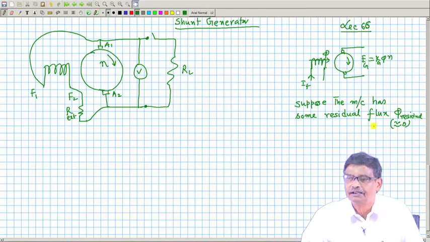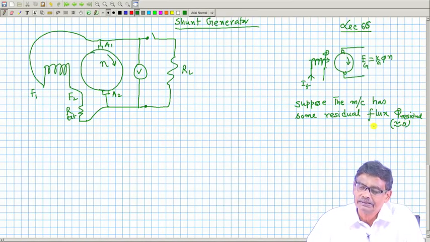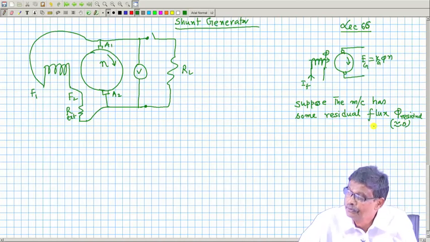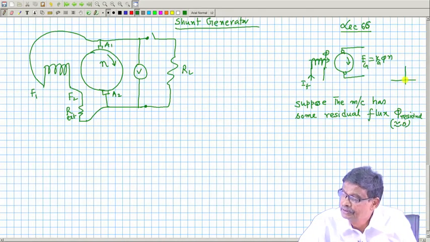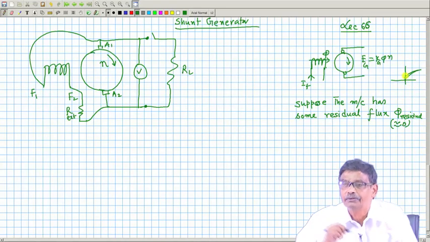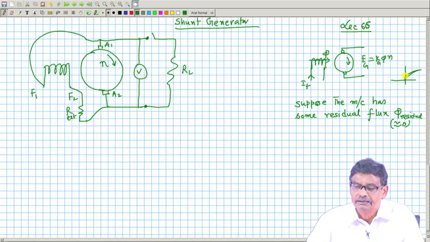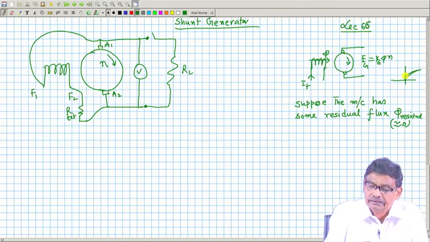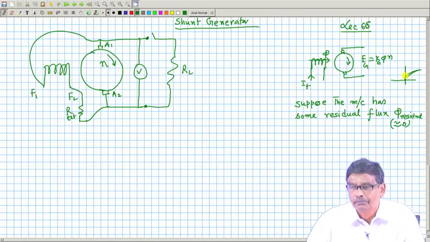Not a large field will be there. Retentivity, the BH curve, you know: make the current 0, and it will have some residual flux left in the poles of the machine.